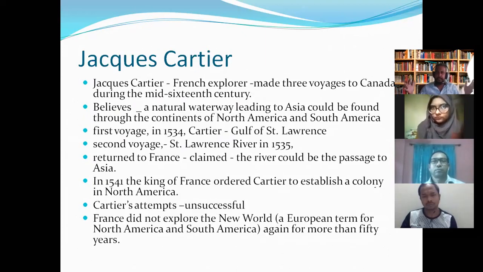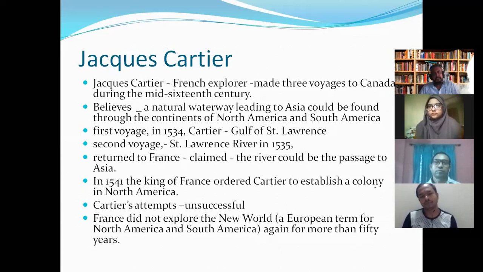As I had been saying, not only the British people, the French and the Dutch, all people had been thinking that Asia is the richest part of this world. And for this reason, they would come frequently to make business with the Asian people.